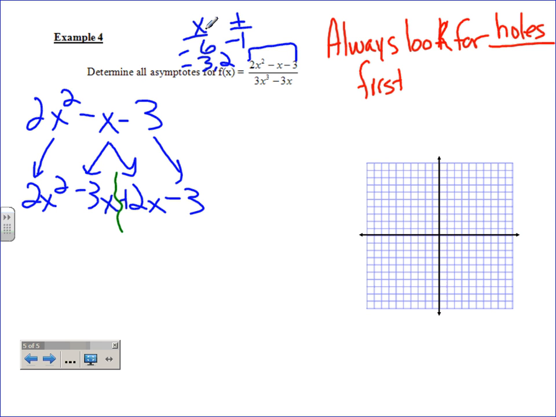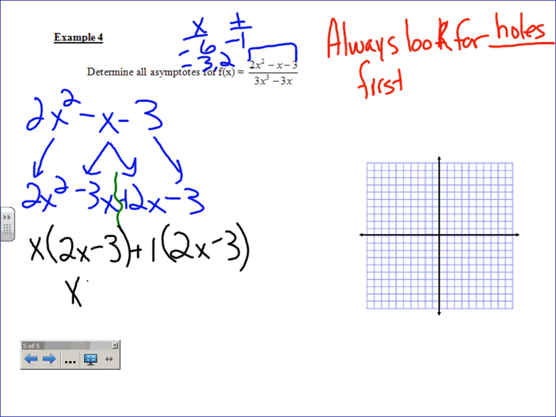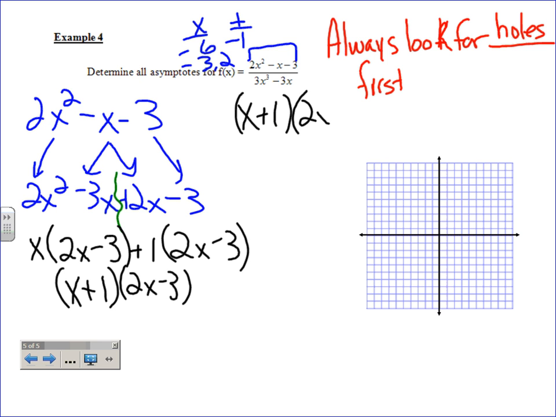There, well, what's in common here is x, right, left with 2x minus 3, right? So I have to have a 2x minus 3 over here, which luckily I do, but I still have to put something out front, and it's a positive 1. So your factors are x plus 1 and 2x minus 3. Do you agree with that? And do you agree that's your numerator? Okay, so it's x plus 1 and 2x minus 3.